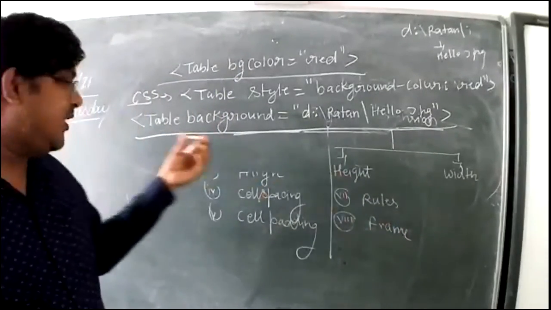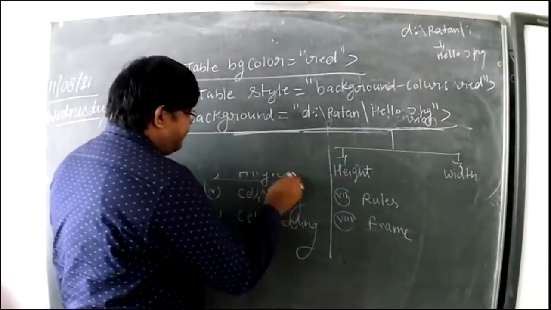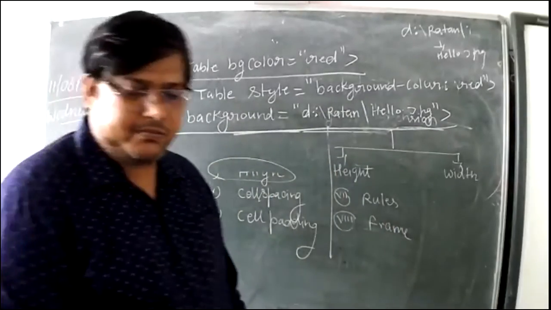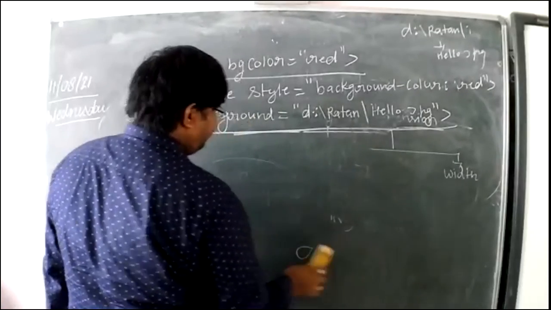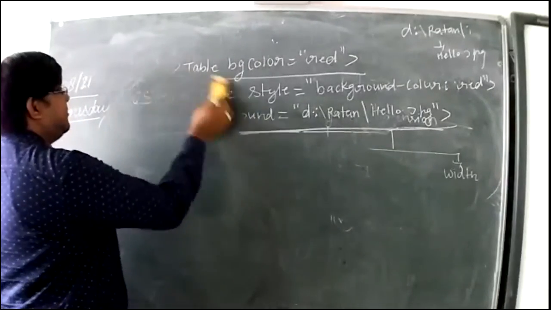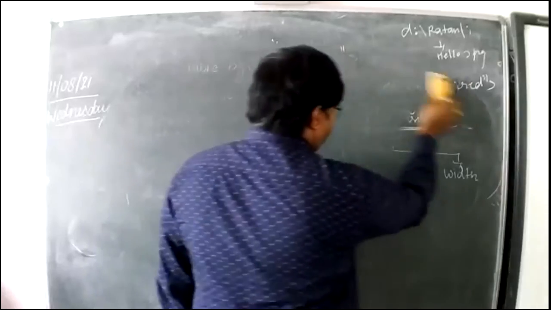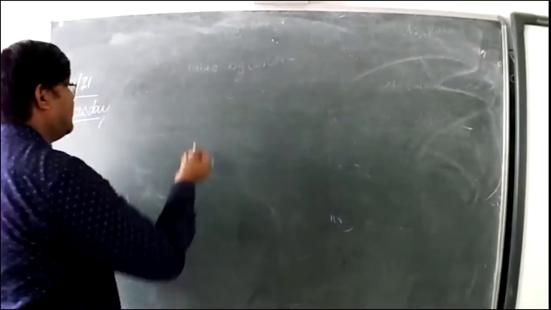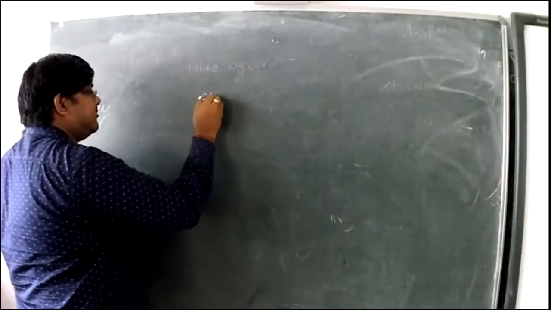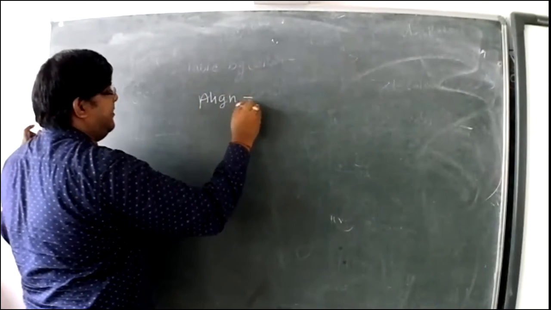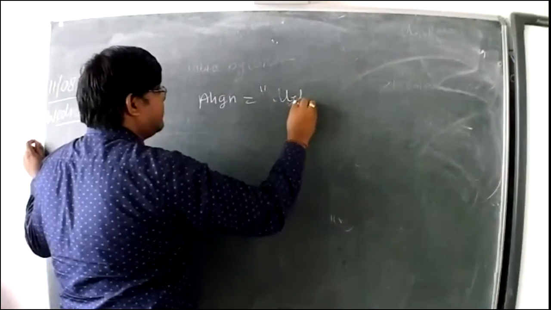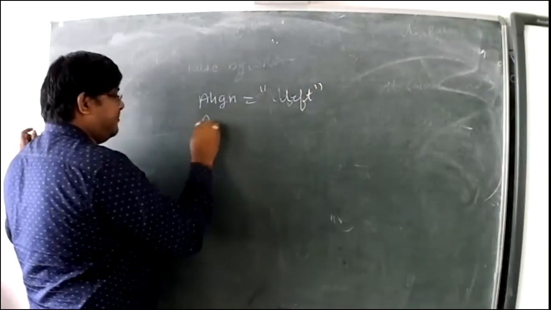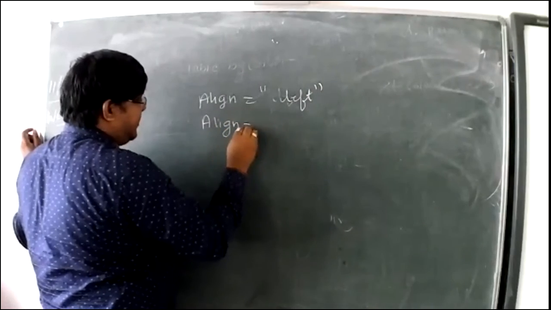Now we have a third attribute. That one is align. Align is equal to left. Align is equal to right.